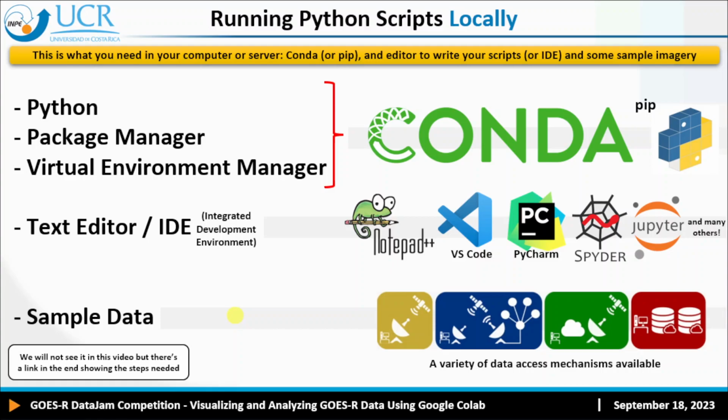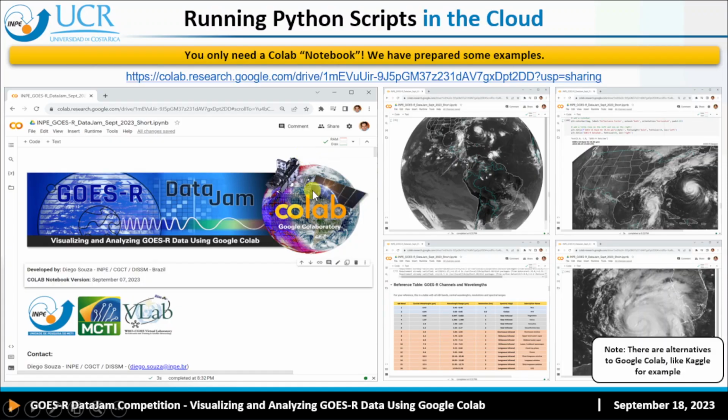Running scripts locally is useful when you need to generate images operationally for your web pages, for example, or downstream users. On the other hand, to run Python scripts directly in the cloud, you only need a so-called online notebook. And in this demonstration, you will learn how to process GOES-R data in the cloud using Google Colab.